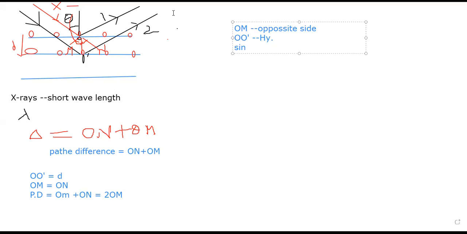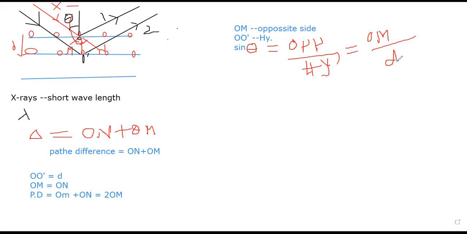Sine theta equals opposite side divided by hypotenuse, which is OM divided by D. So we want OM, then OM equals D sin theta.